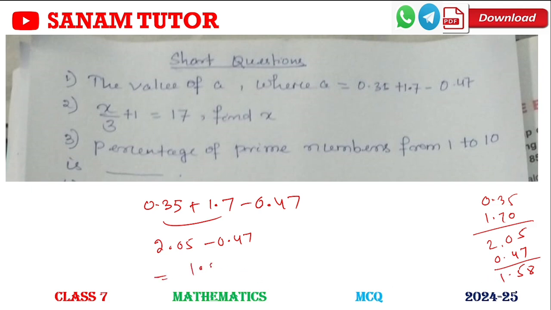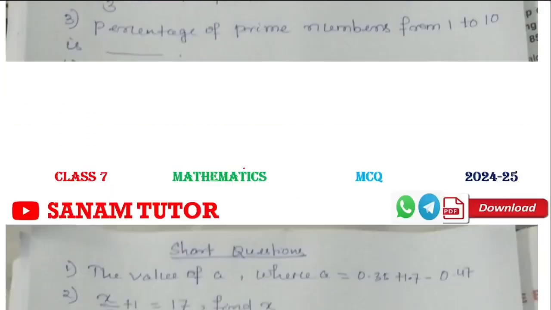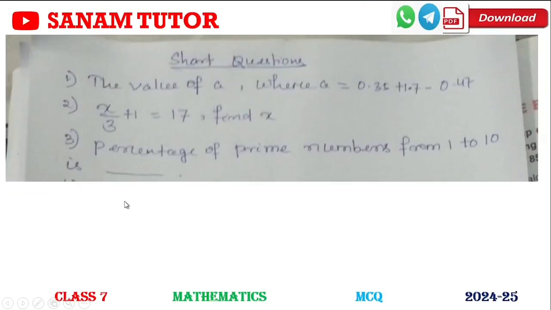So the answer is a equal to 1.58. The second one: x by 3 plus 1 equal to 17. So x by 3 equal to 17 minus 1, x by 3 equal to 16, x equal to 16 into 3, that is 48. So the answer is 48.